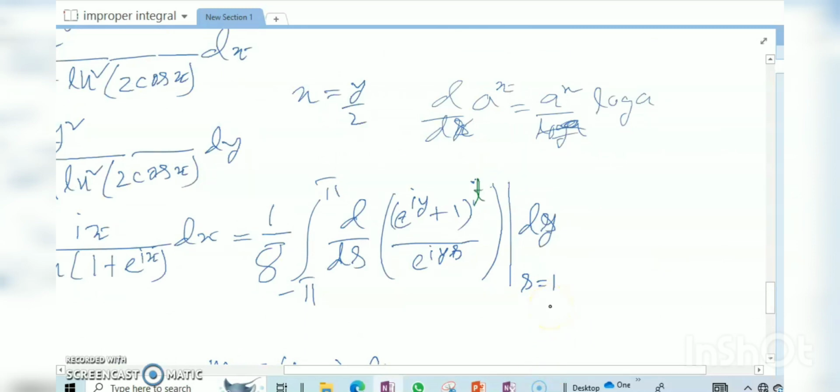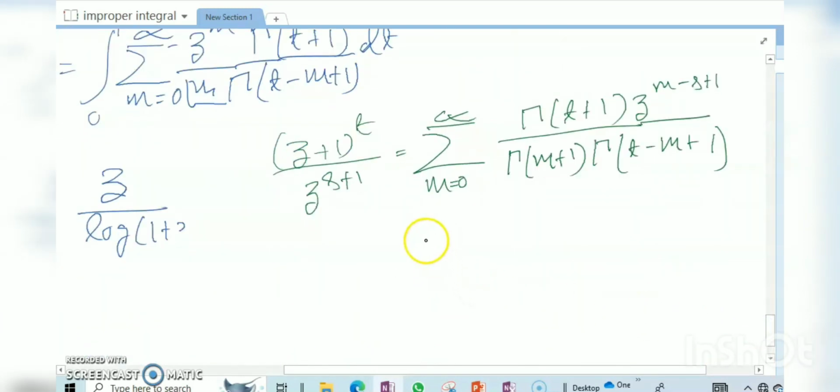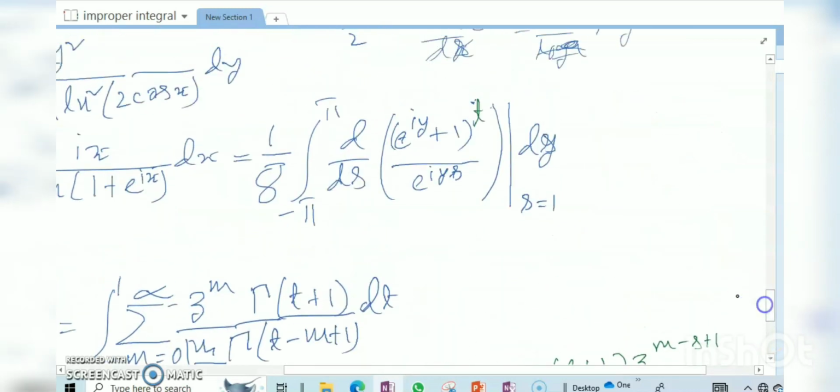So this is equals to, I can write f(s, t). So del f by del t, my equation is, sorry, it is not d/ds, it is del f by del t.